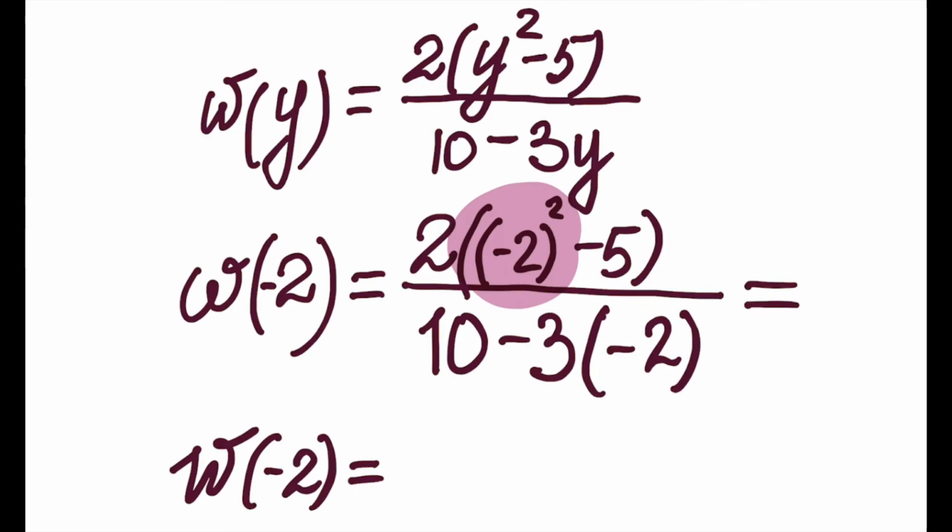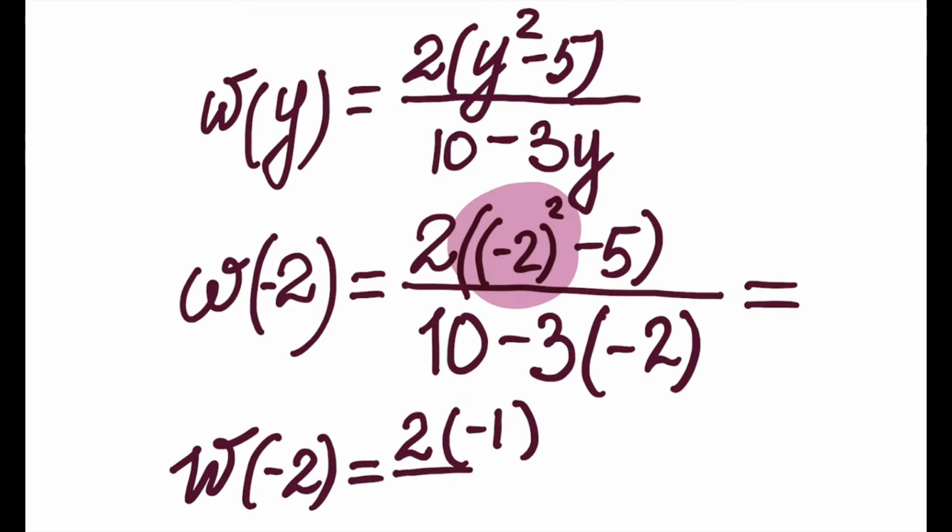Then 4 minus 5 is negative 1. So 2 times negative 1. Negative 1 came out from our parentheses, the big outward parentheses. So again, first I did negative 2 squared, that gave me 4. 4 minus 5 is negative 1, so hence I have 2 times negative 1.